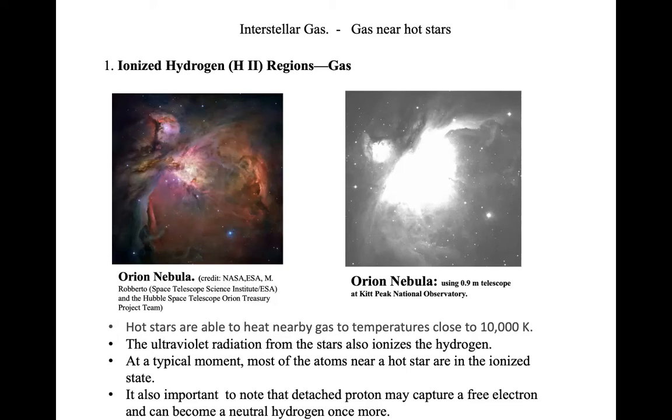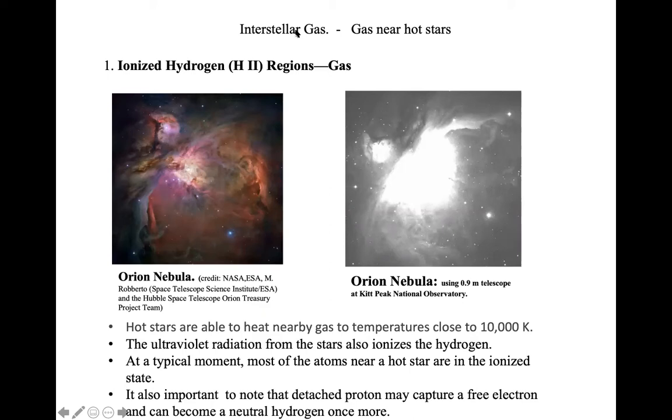I put the two images just to explain what happens near hot stars. When you have very hot stars, they are able to heat the surrounding gas to temperatures close to 10,000 Kelvin, which I have mentioned earlier in one of the slides as well. At the same time, these hot stars emit a lot of ultraviolet radiation, and this radiation is capable of ionizing hydrogen.